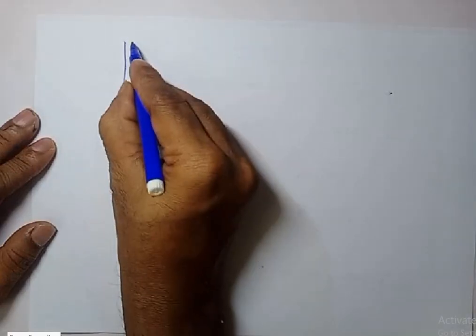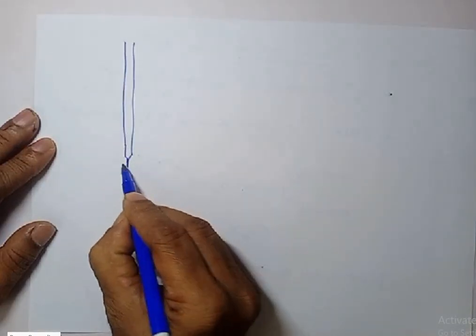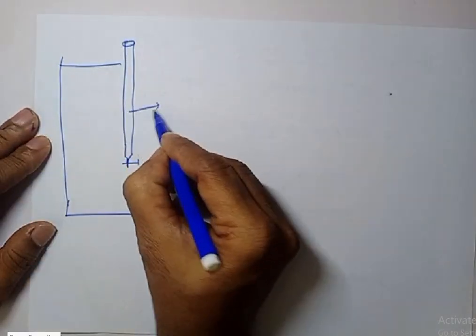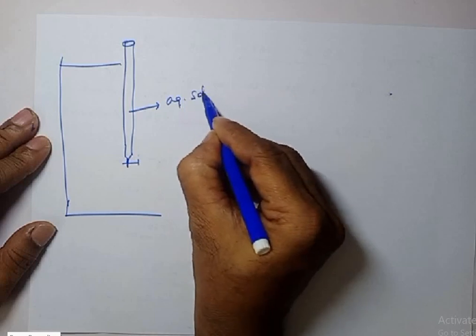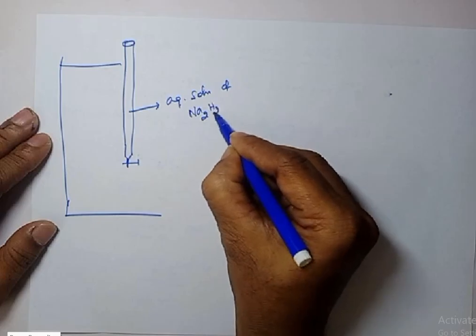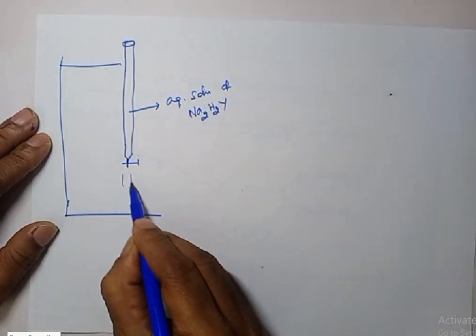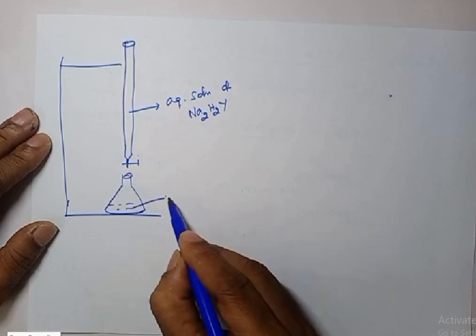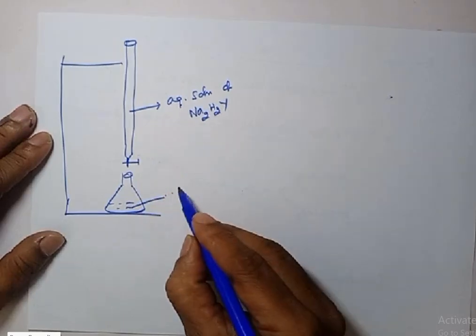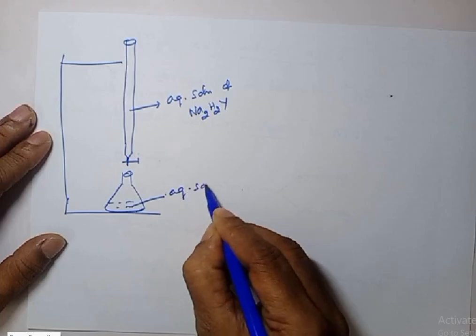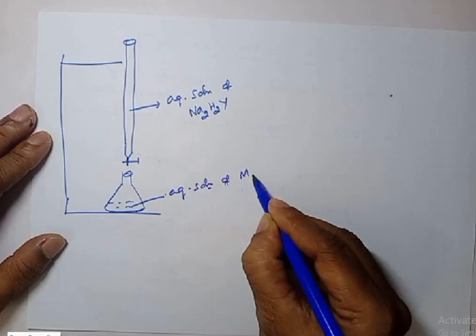Let me show you the next page. So we have a burette. In the burette we have the aqueous solution of the disodium salt of EDTA, Na2H2Y. And in the conical flask, you have taken the aqueous solution of the metal ion; just for understanding purposes I took magnesium ion, Mg2 plus.